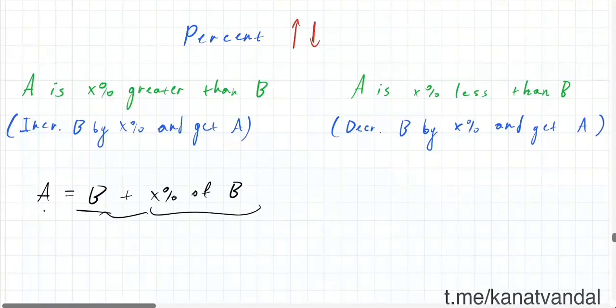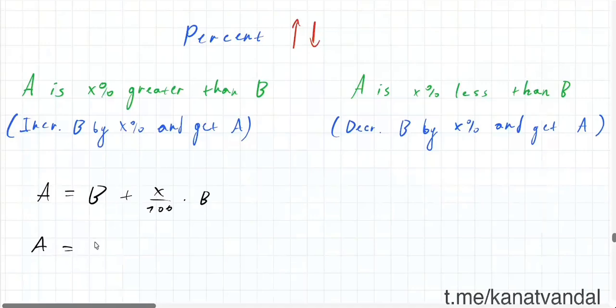It means that we get a when we have b, and we add to b x% of b, okay? And of course we can rewrite this as x over 100 times b, and this way we get that a is equal to 1 plus x over 100 times b, right?